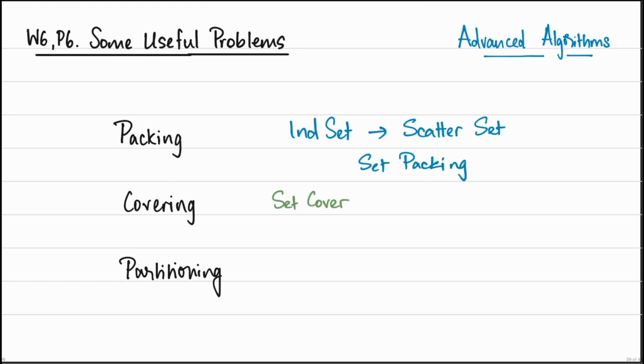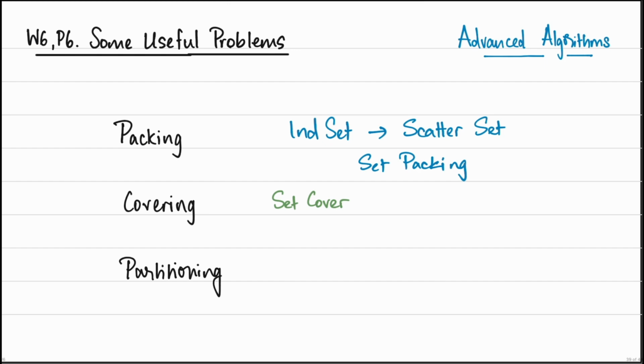So with set cover, again, you're given a universe and a family, and you're trying to pick out sets from the family which can then be used to form the universe. So you want a collection of at most k sets whose union gives you the universe. Notice that this is naturally a minimization problem, because if you had no constraint, then you could just pick all the sets that were there, and that would be the trivial solution.